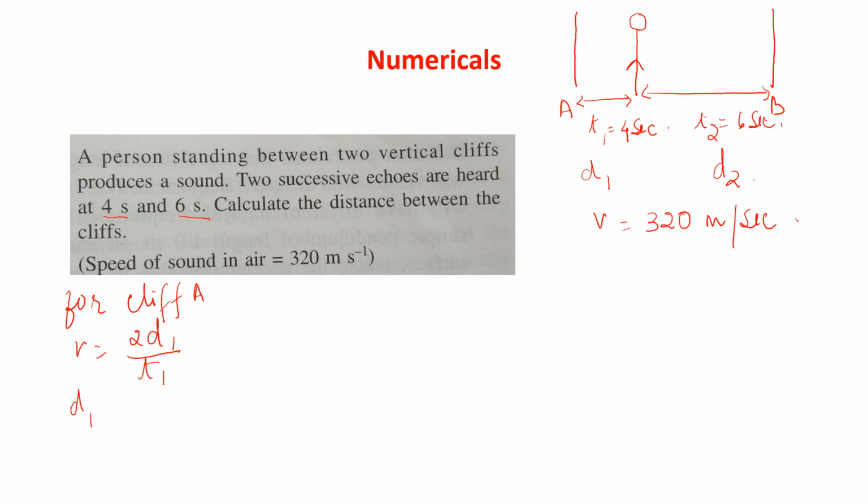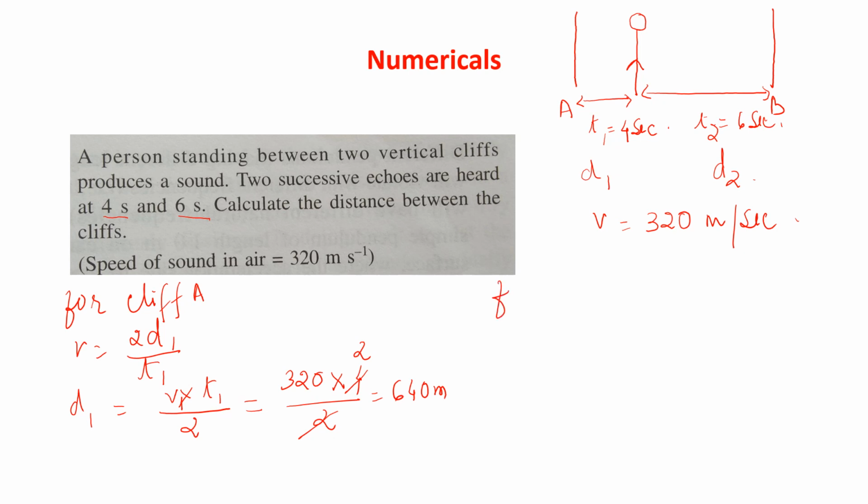So D1 is equal to V into T1 divided by 2, which is equal to, V is given as 320 into T1 is 4 by 2. Now this is 2, so this is 640 meter. So D1 I am getting 640 meter.